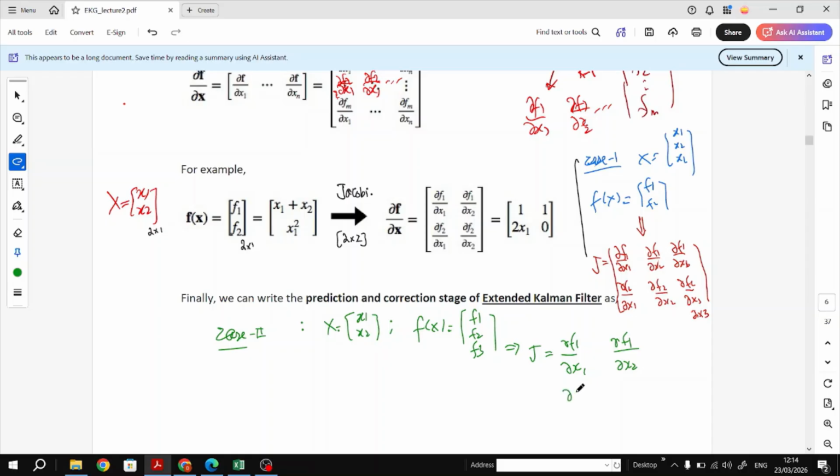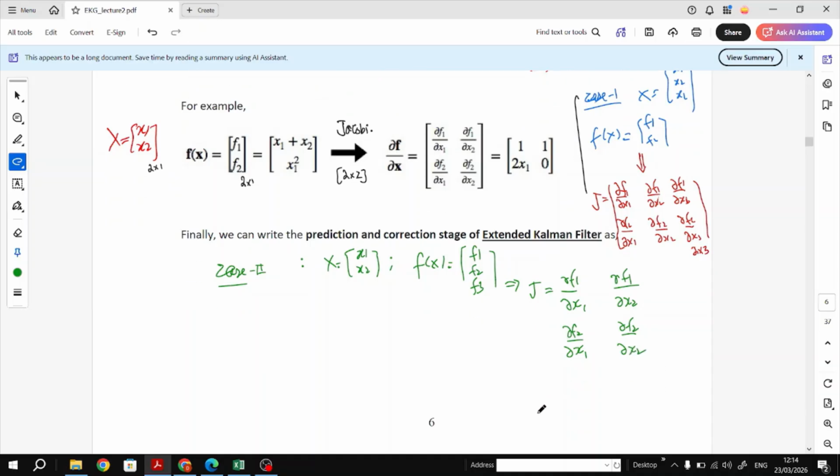In the second row, you take the second function and calculate the partial derivative with respect to the first variable, and then with respect to the second variable. In the same way, you take the third function and calculate partial derivatives with respect to the first and second state variables.